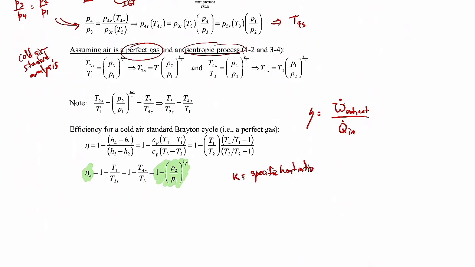So the higher the pressure ratio, the higher your thermal efficiency. Another way to look at it is the higher the value for T3. Remember, T3 is your maximum temperature.